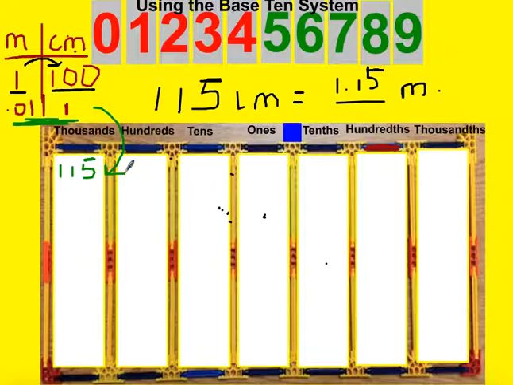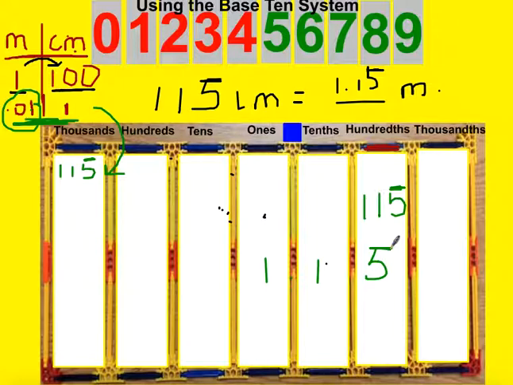And on this side, I would think, okay, well, if each one of those is 1/100th, then I'm going to have 115 hundredths, because each centimeter is 1/100th of a meter. So I can represent that as 1.15 when I stretch it out, because it's a bit too crowded.